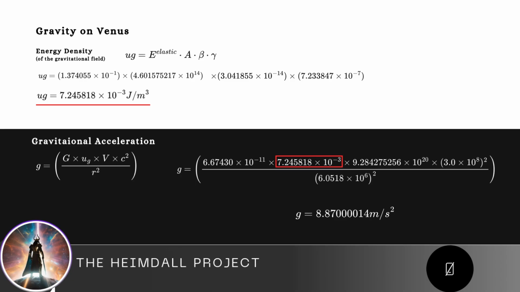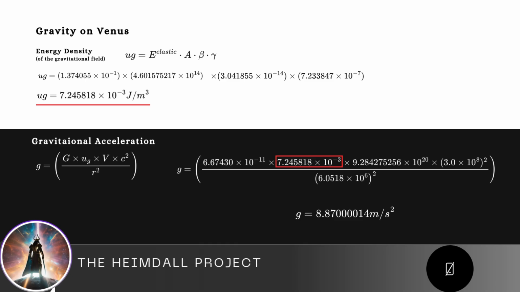And we are able to calculate the energy density of the gravitational field. And I'm going to say one more time that this is not the energy density of the celestial body, the object in space. For those of you thinking that this is many orders of magnitude smaller than the energy density of Venus, you are correct. This is measuring the energy density of the gravitational field.